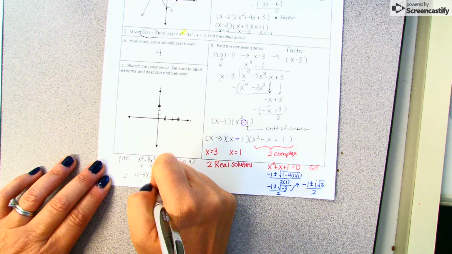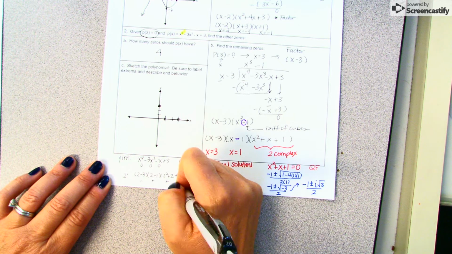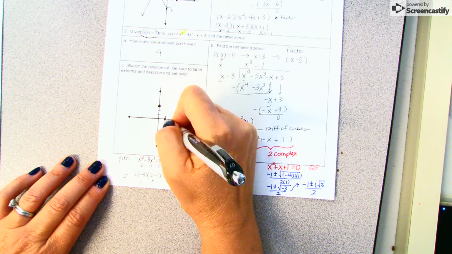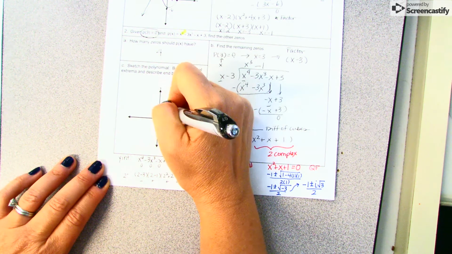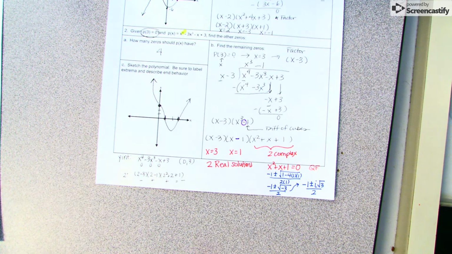So ultimately, I'm going to have a negative, which means between here and here, I'm down. And then I obviously cross and then go up. So that's what that polynomial looks like. It has 4 zeros, 2 of them are complex, and 2 of them are real.